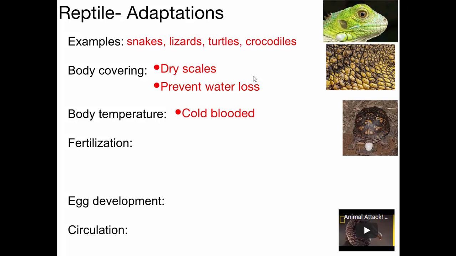If you provide them with a source of heat, their body temperature is higher and they can be more active. Now, because they can't regulate their body temperature internally, many reptiles have certain behaviors that allow them to sort of regulate it. If you've ever been someplace like Florida, where there are lots of those little anole lizards, or South Carolina, in the morning, where do you find those lizards?